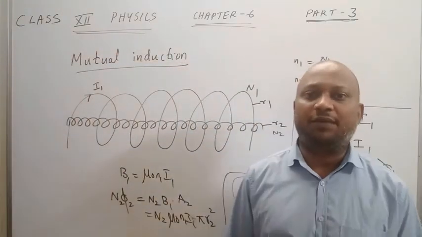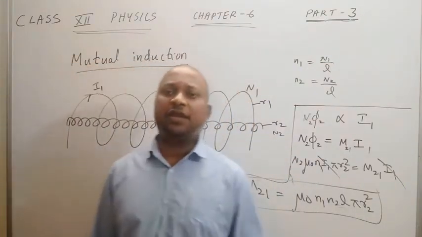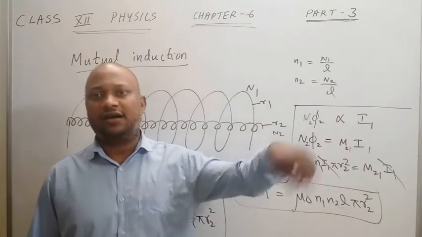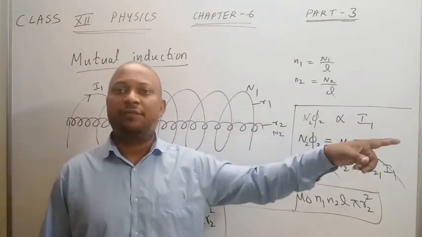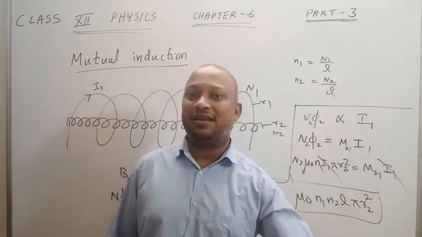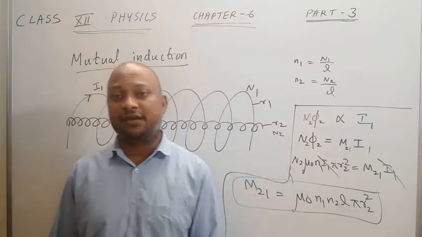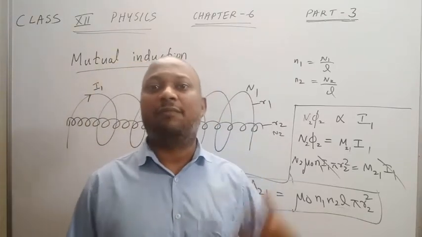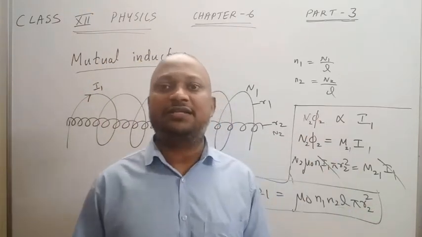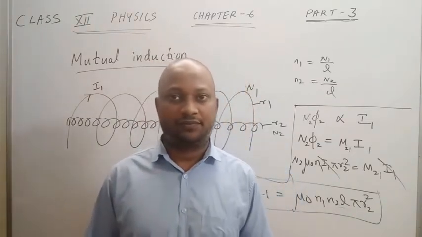So if you want to understand the real meaning of mutual inductance, the meaning of mutual inductance is this: there is a current in the first coil, and the current in the first coil can induce a second current, a different current, a new current in the second coil due to the magnetic flux which it creates, and that magnetic flux goes through the second coil.